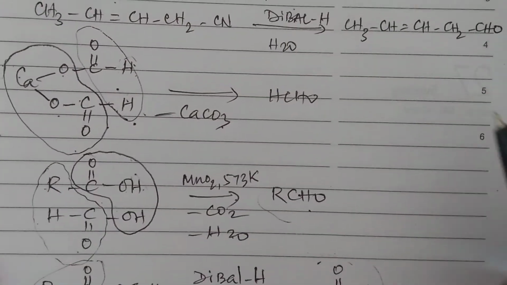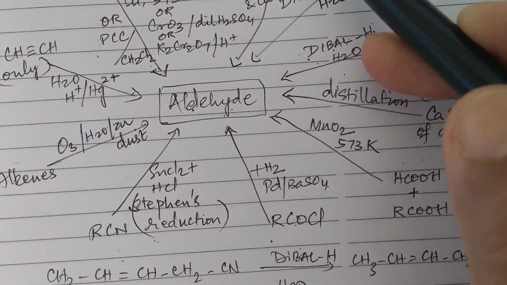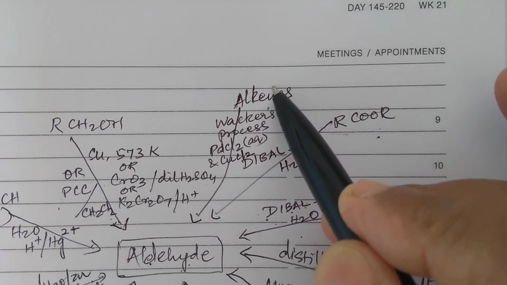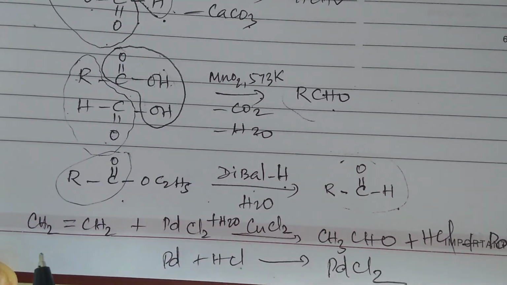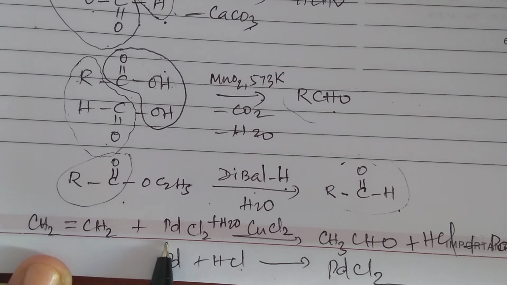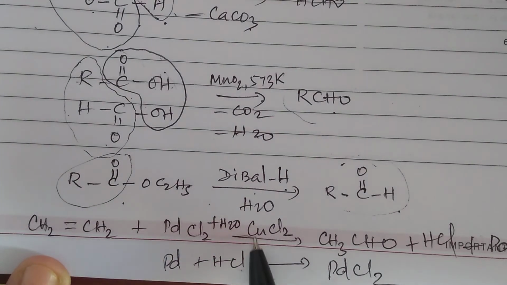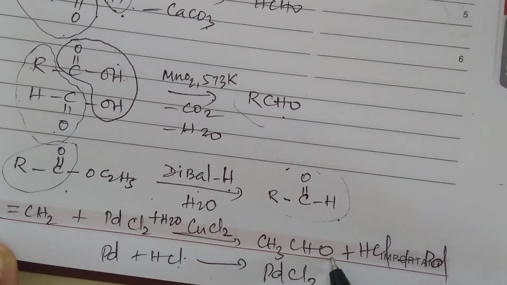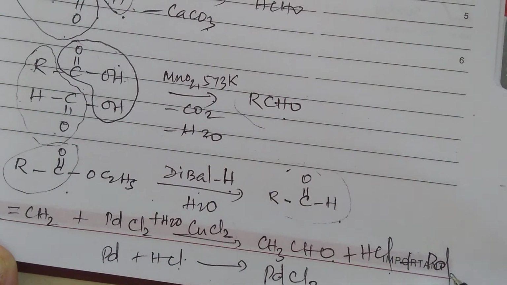Then the last one is Wacker's process. This Wacker's process is used to prepare aldehydes from alkenes. Okay, now what do you do there? Say ethene, it is treated with aqueous palladium chloride. In the presence of CuCl2 as catalyst, you will get aldehyde plus HCl plus Pd.